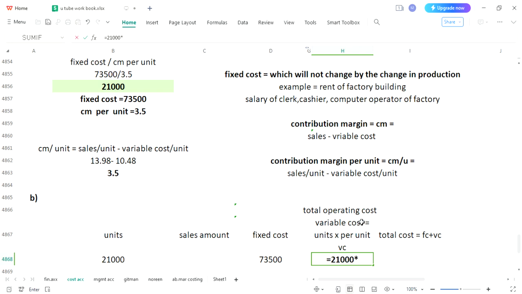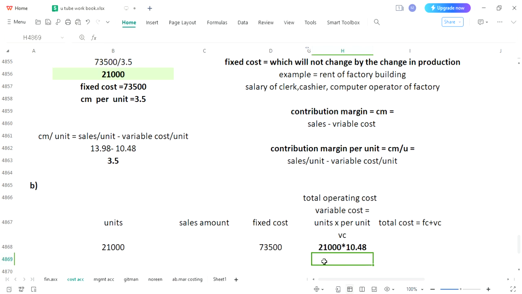And here you can see variable cost per unit 10.48 was mentioned in your question, so you can write 10.48. Please note it down. As I will click enter, these calculations or this statement would vanish, so it's better to note it down. Okay, or instead of this I am writing it so that it should not vanish.